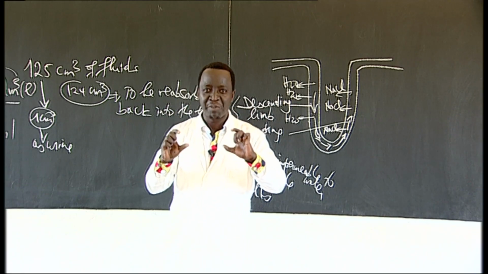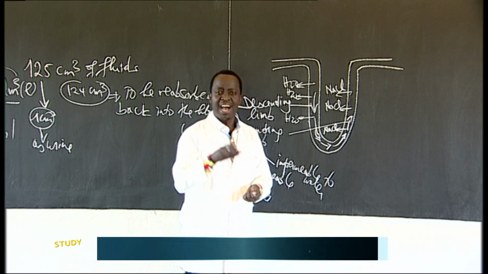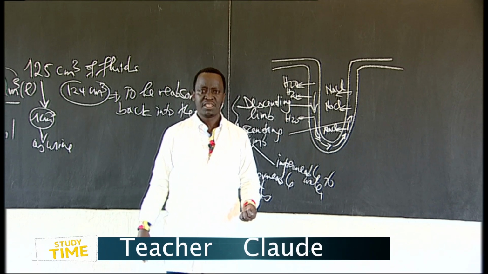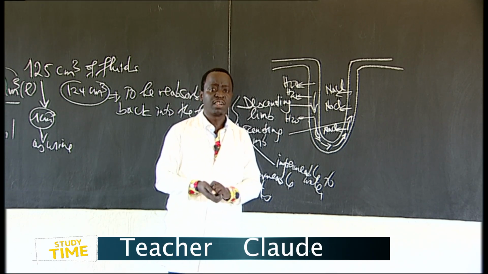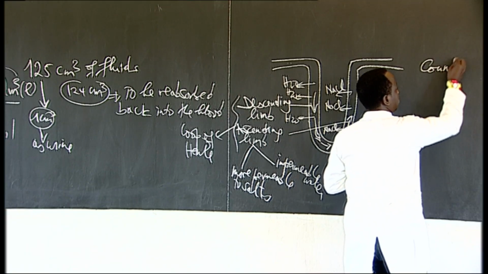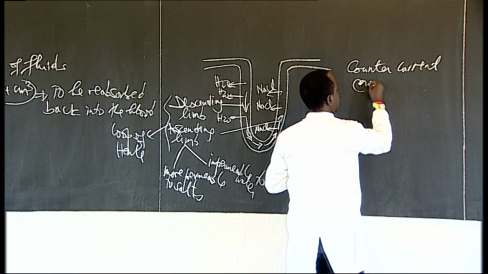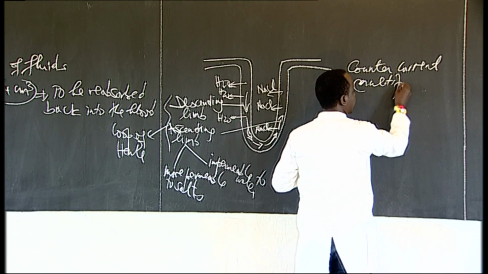Are you getting what happens to the loop of Henry? Actually, the loop of Henry acts as a countercurrent multiplier. Why?